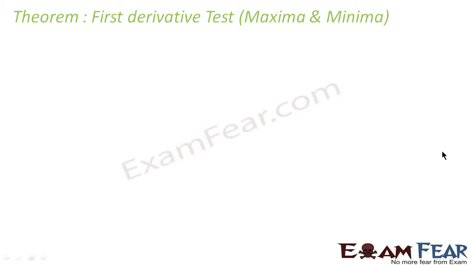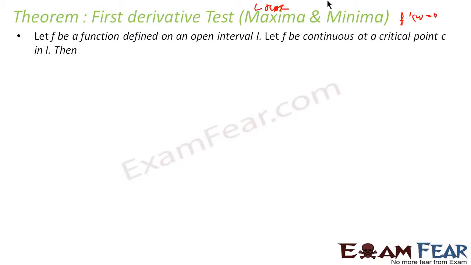Now we'll learn the first derivative test to find maxima and minima. As we've already told, for local maxima and minima, if my f dash x is equal to 0 or it is non-differentiable, that point is a local maxima or minima point. Since I'm talking about the derivative test, I'll not consider the non-differentiable part. I'll just consider f dash x equal to 0. That means the point is local maxima or minima. That is a turning point. The theorem says if f is a function in the open interval, please note the open interval here.